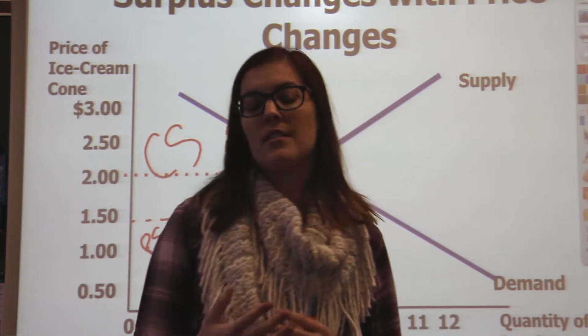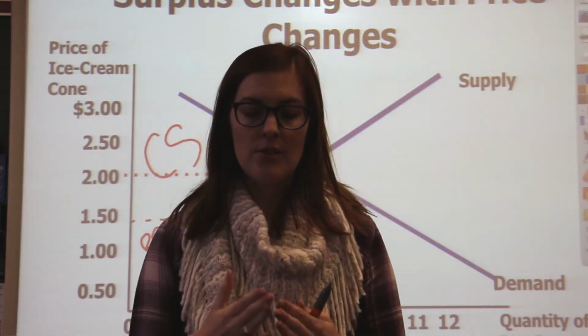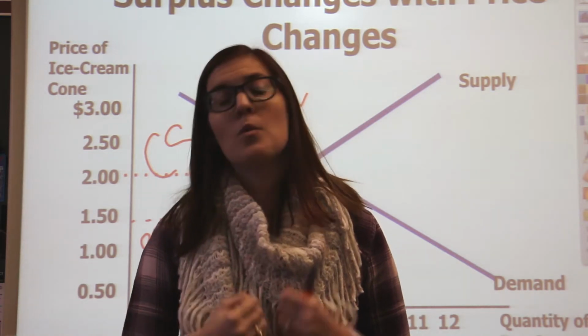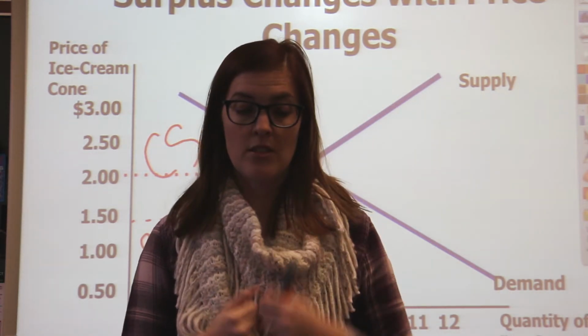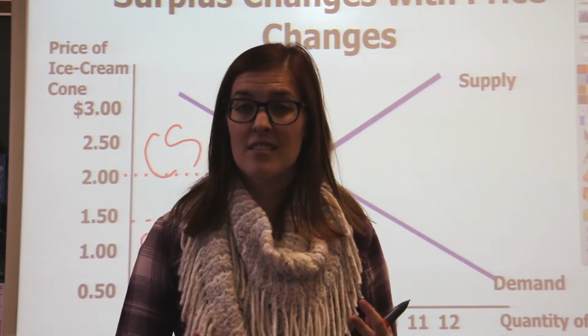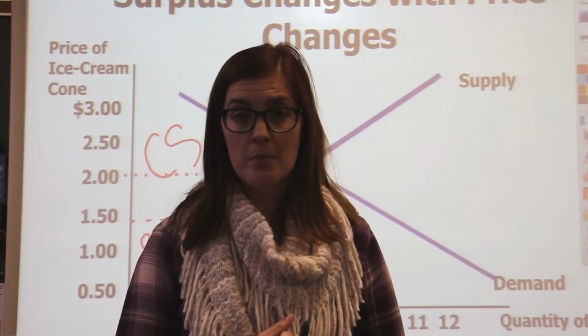So a price decrease, although it does increase consumer surplus, decreases producer surplus by more than the increase in consumer surplus, which is why there's a total surplus decrease and why there's deadweight loss. So it's not seen as a good thing when prices go up or down for consumer and producer surplus.